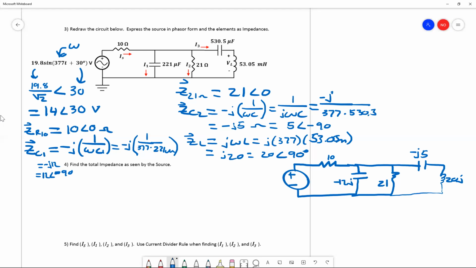So the next question is, how do we find the total impedance? So like we normally do, we try to find what's in parallel and what's in series. If you notice, these branches right here all share the same top and bottom nodes. So we can use that to our advantage and say, oh, well, I know that I can add them in parallel.